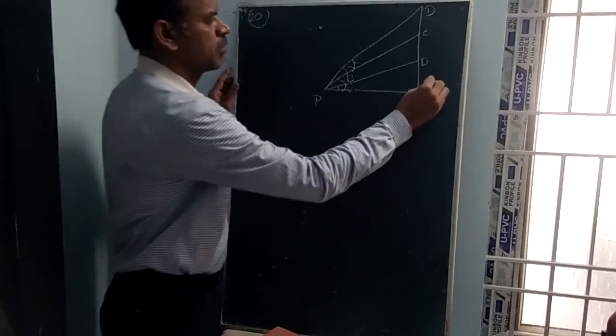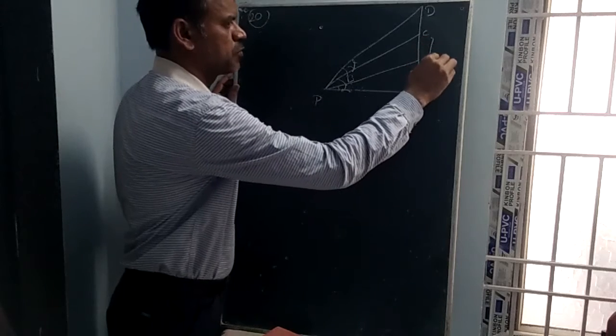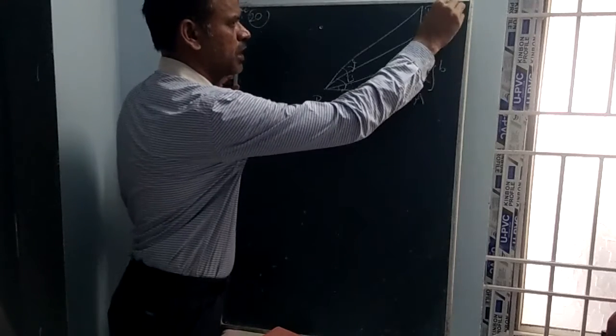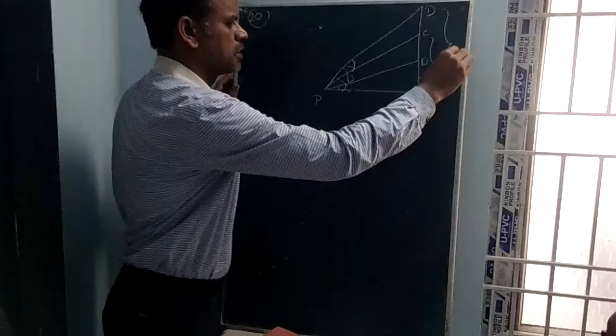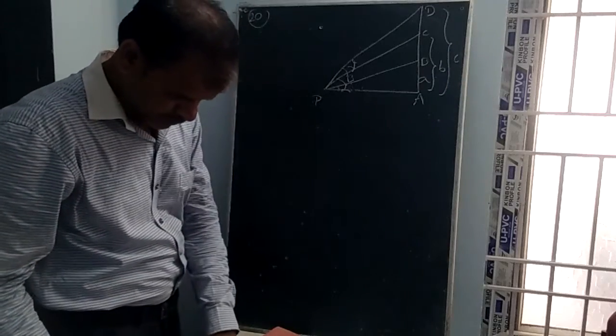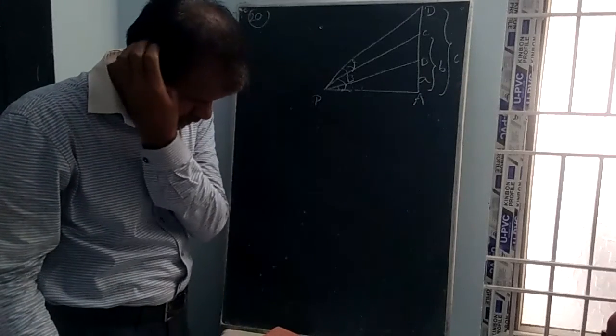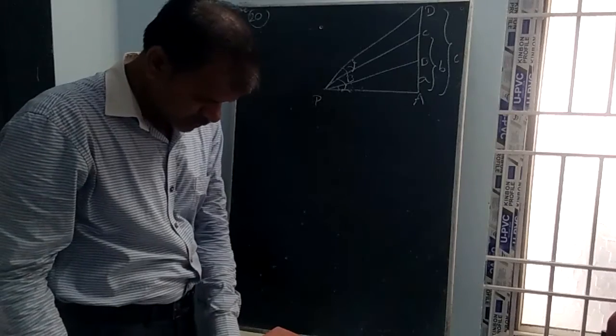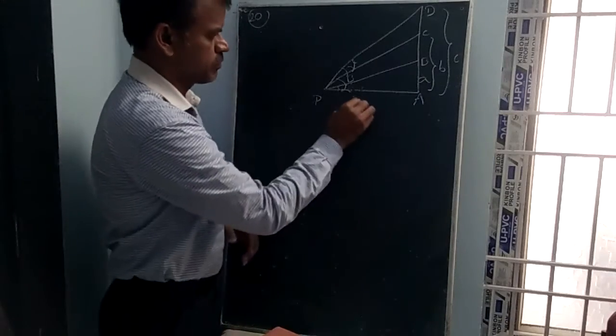AB equal to a is given. This is A. AB equal to a and AC equal to b and like this, AD equal to c. AB equal to a, AC equal to b, AD equal to c and AP equal to x.